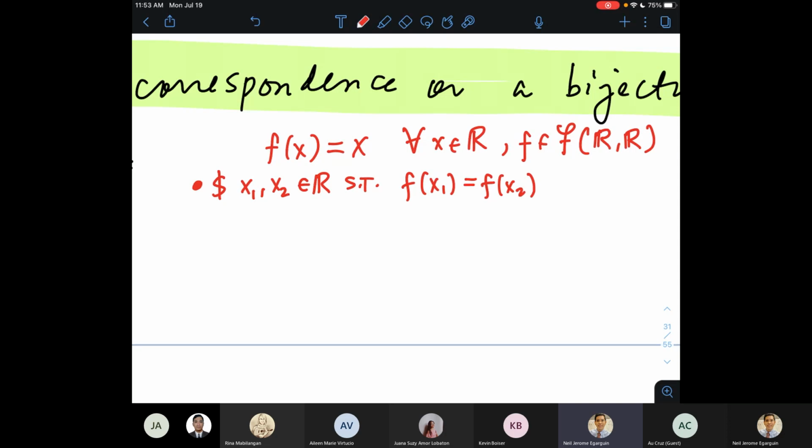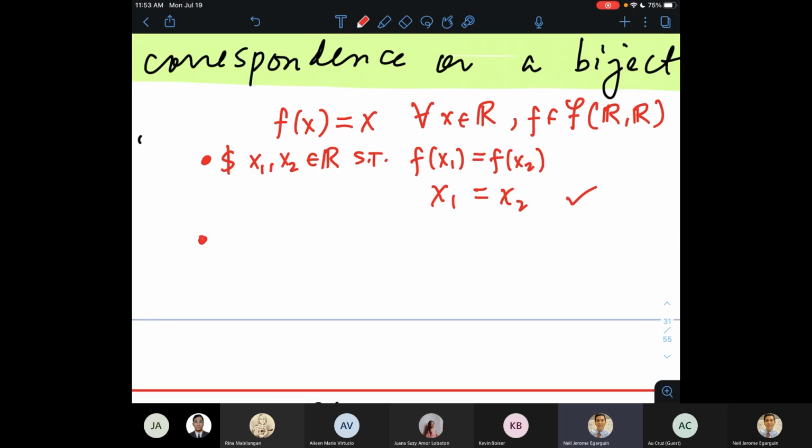That's the very definition of being monic. Now, in this case, f of x1 is equal to x1, f of x2 is equal to x2, so therefore it is monic.